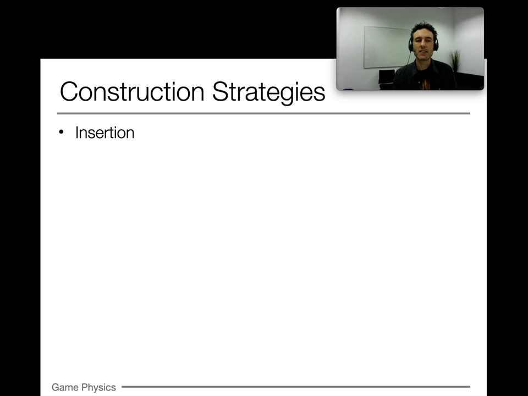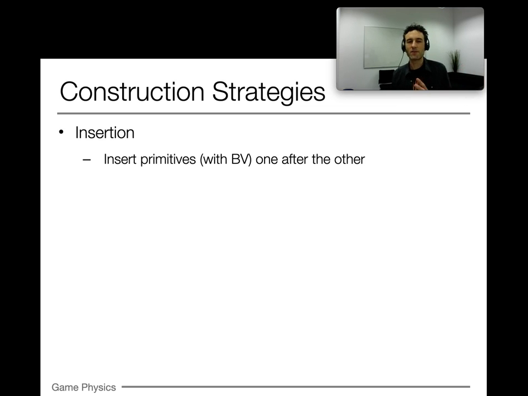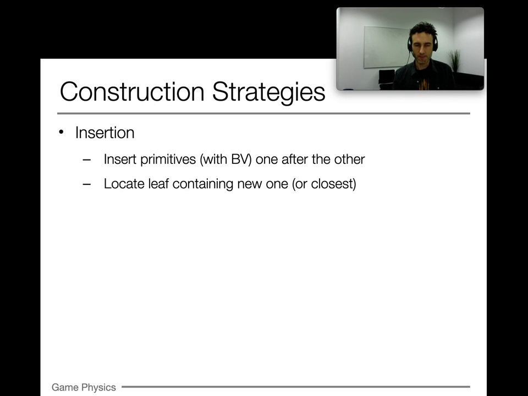Another variant is what's called an insertion-based hierarchy. This is a bit primitive, if you want. We're just taking a stream of primitives or bounding volumes as they come and inserting them into the tree. So in this case, we basically have a partial tree.